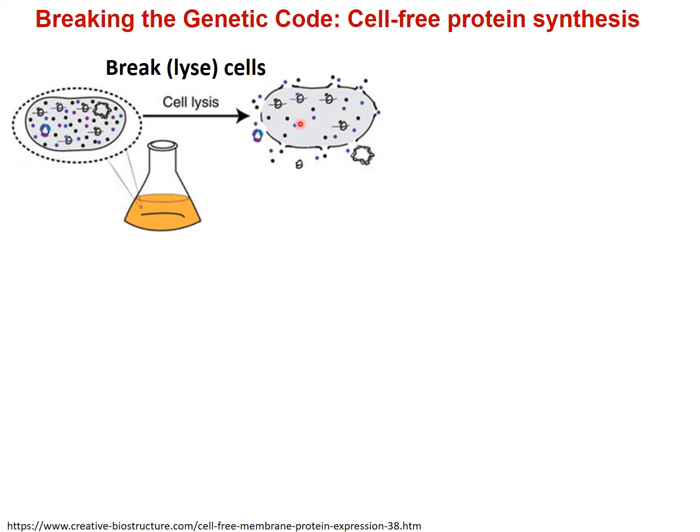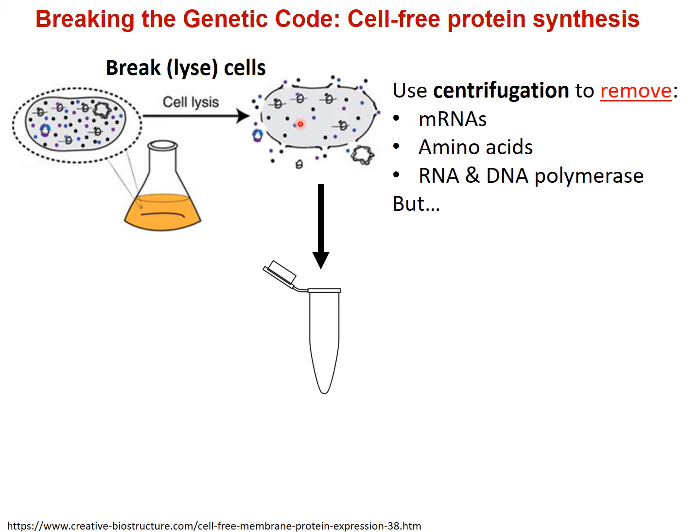Now, the problem is there's more in there than they actually want to use. So they use a technique of centrifugation, usually in some sort of density gradient, and I think it was usually sucrose. In centrifuging the contents of the cell through one of these gradients, they could separate different parts of the cell.